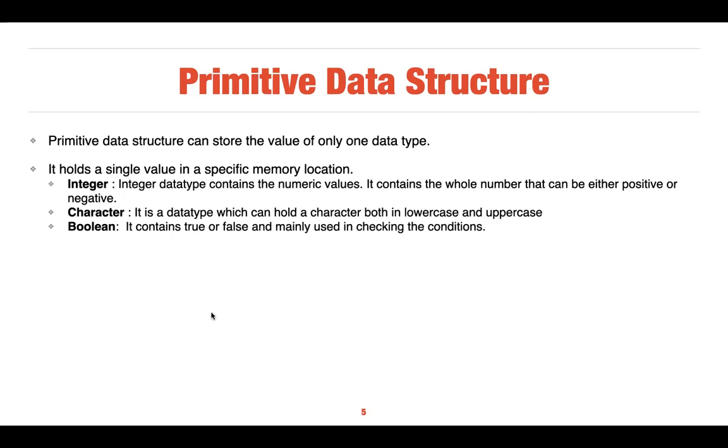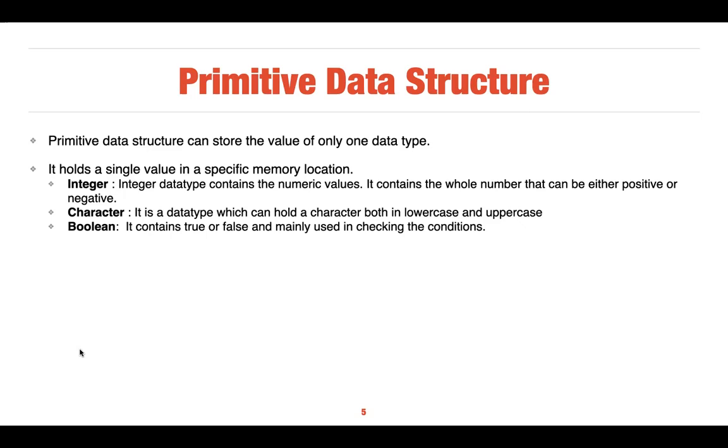When the computer asks you to provide the roll number, it will declare a variable which can hold only one integer data type. And when the computer declares this variable, it will assign a specific memory location to that variable, and then it will ask you to enter the roll number.